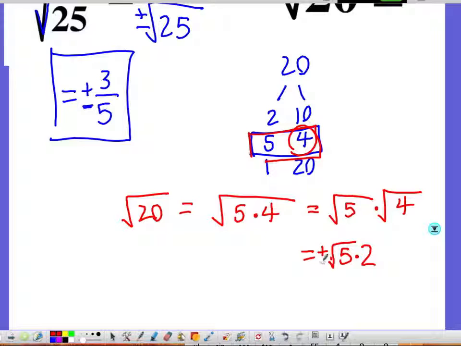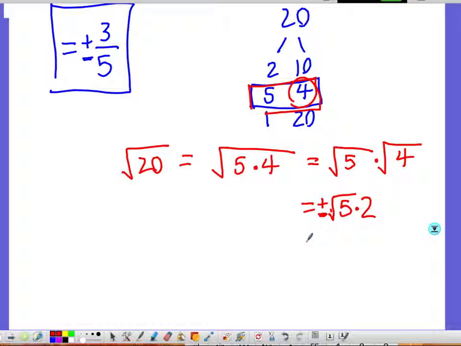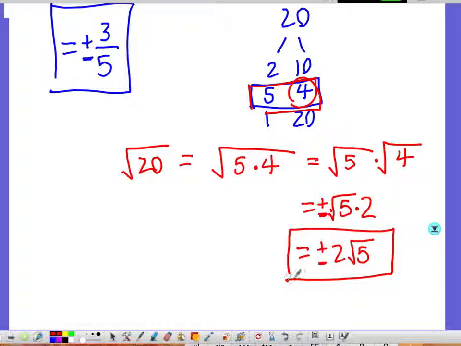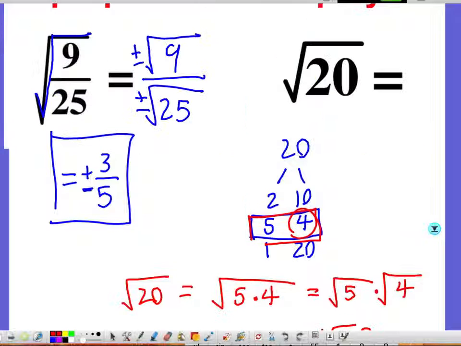Now, you always want to have plus or minus in your answer. Don't forget it whenever you're taking square roots. Now, this is just my preference, so I wanted to write the number 2 first, and then the square root of 5. And so this is how I'll leave my final answer, 2 times the square root of 5.